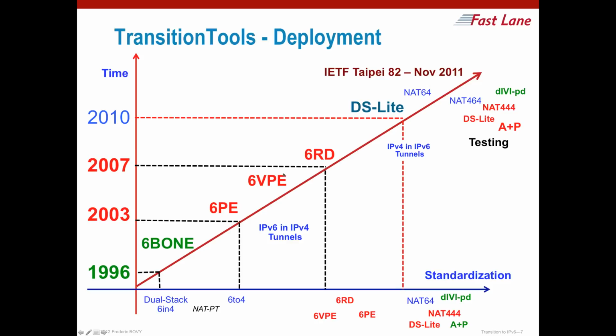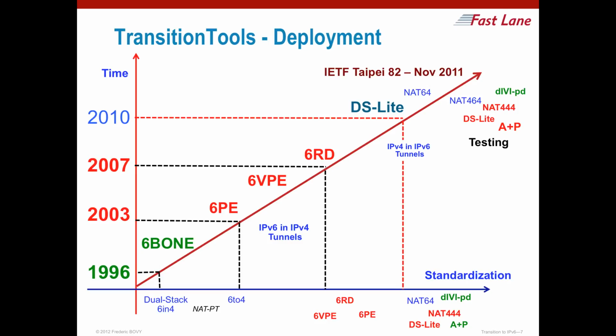It is always the best solution for service providers which are running an MPLS backbone and who don't want to upgrade their core to IPv6 immediately, but still want to provide an IPv6 service.